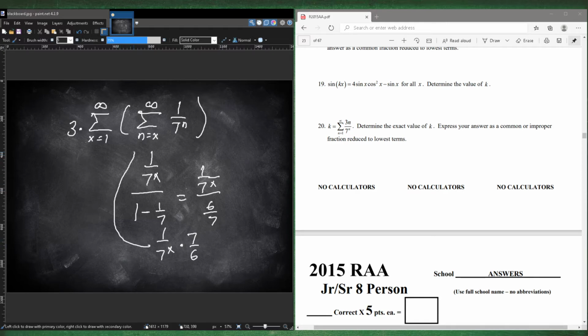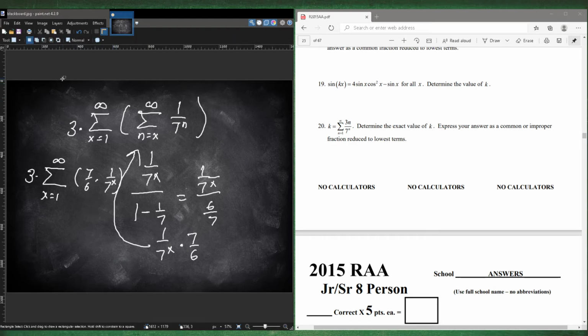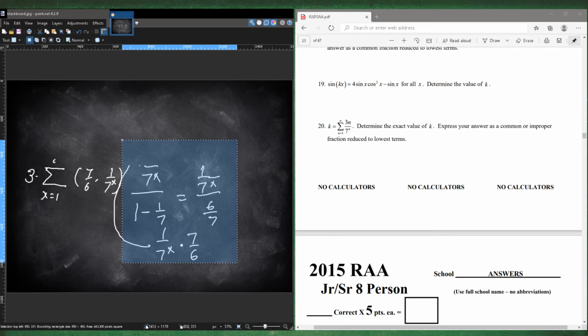We can substitute that inside here. So we get 3 times the summation from x equals 1 to infinity of 7/6 times 1 over 7 to the power of x. I'm going to delete this here because we don't need it anymore, so we don't get really messy.